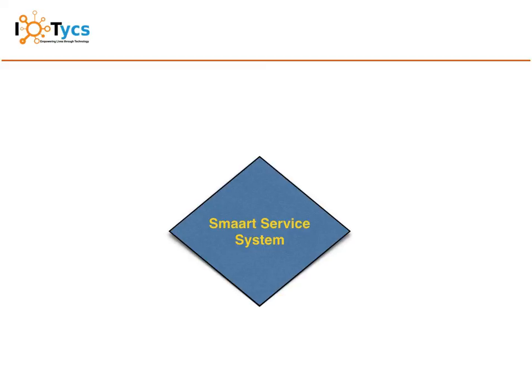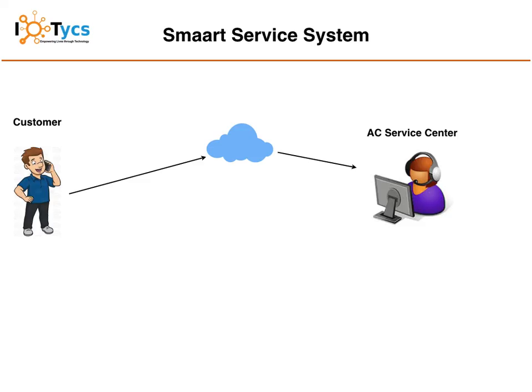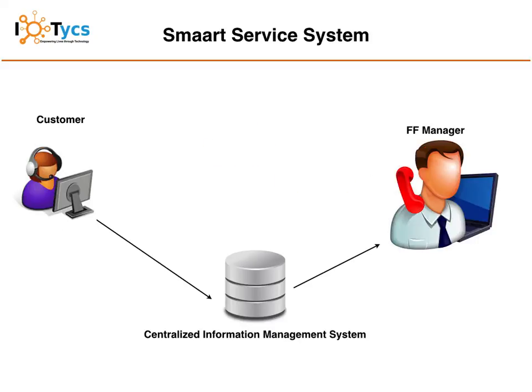Now let's see how the Smart Service System helps us optimize the entire business process, resulting in increased return on investment and customer satisfaction. Customer A calls the AC service call center and registers the complaint. The AC service provider fixes an appointment with the customer. The appointment information is instantly shared with the field force manager using the centralized information system.